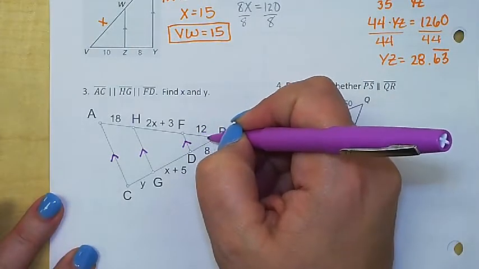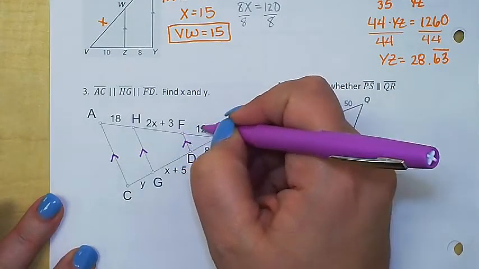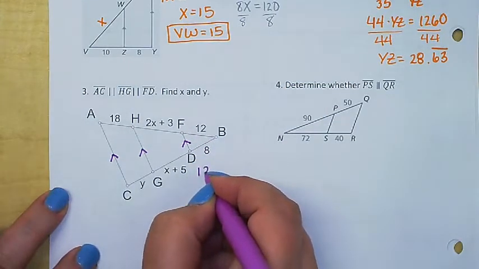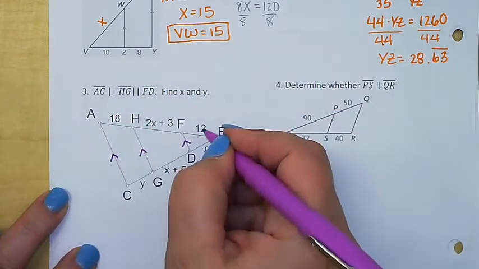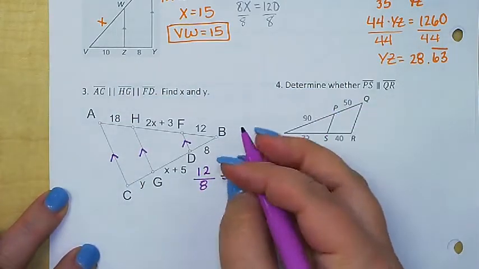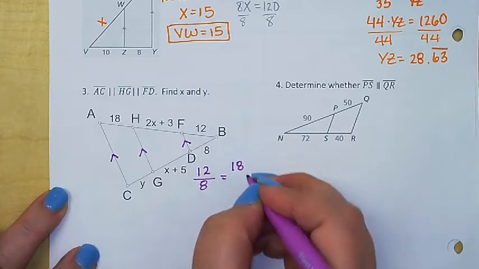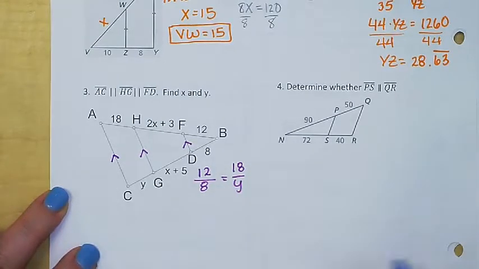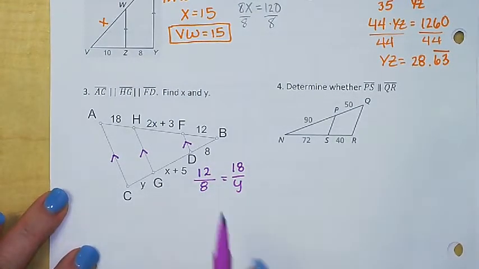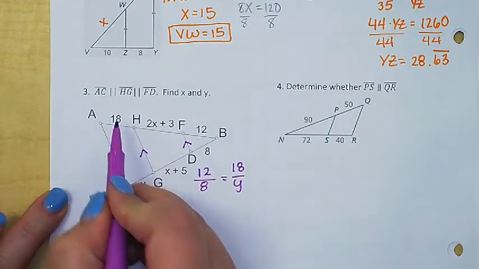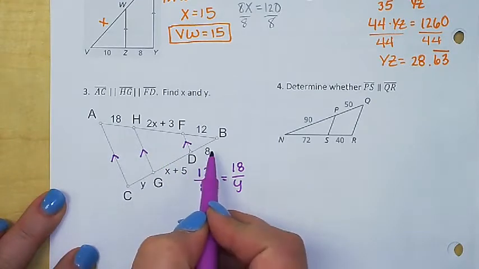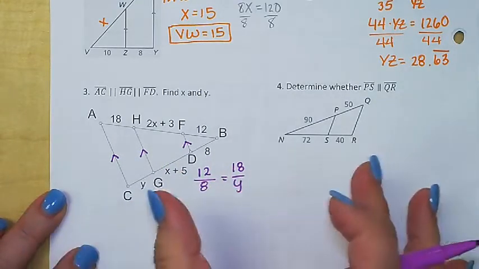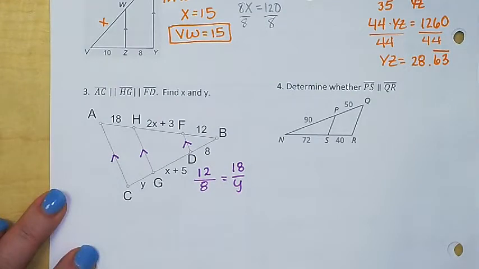So this side that is made by FD, so the 12 over the 8, we could set that up, must equal 18. So if I started on the top here, I have to make sure I start on the top there. 18 over Y. And there's our ratio. Like I said, we could have also done 12 over 18 is 8 over Y. We could have done 18 over 12 is Y over 8. As long as your logic in your organization is consistent for both of them, there's actually several ways you could do that.